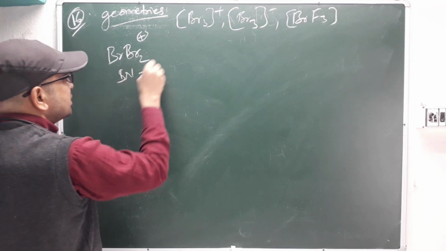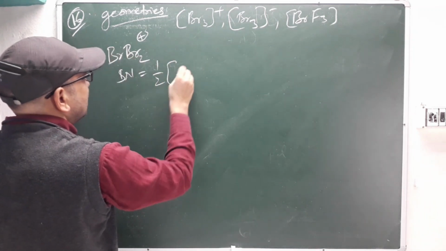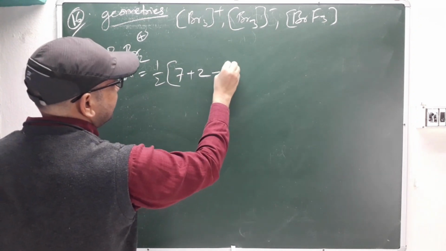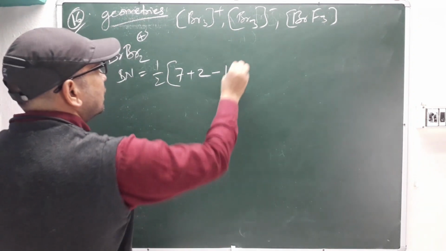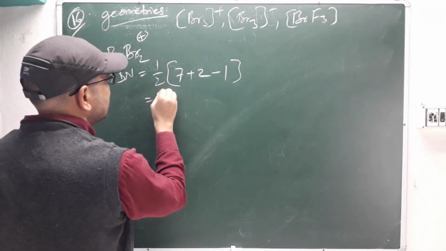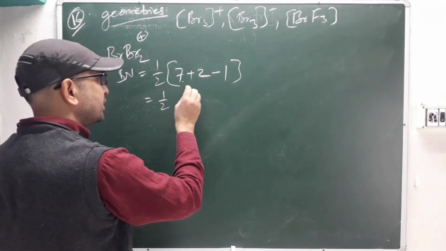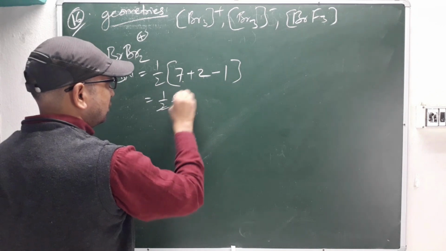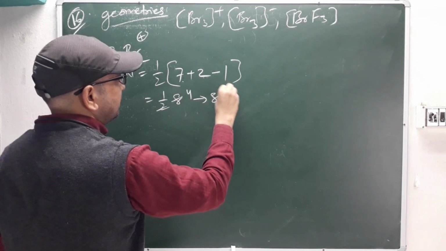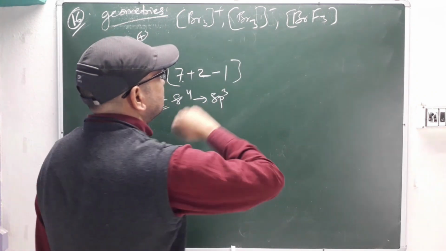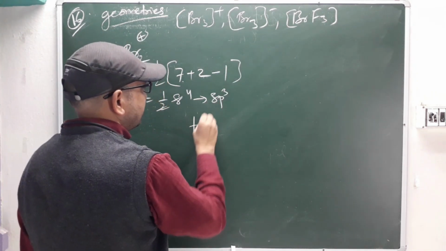Steric number is 1/2 into valence electron 7 plus 2 monovalent, and 1 cation is deducted, so 1/2 into 7 plus 2, 9, minus 1, that is 8, giving 4. 4 means sp3, and we can write it as tetrahedral.